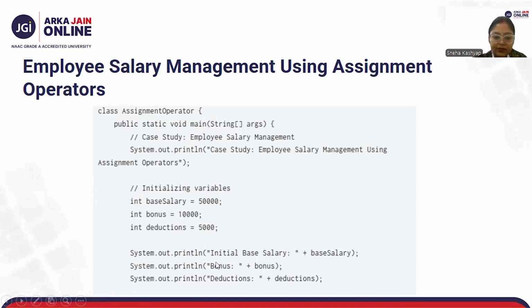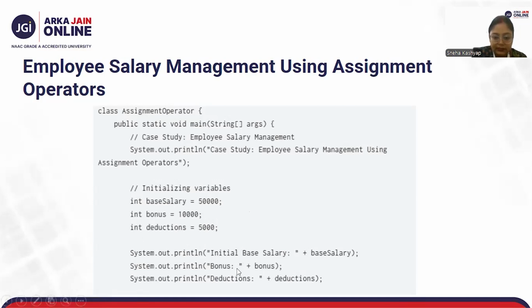So if I give the command system.out.println initial basic salary plus base salary, it will directly print initial base salary is 50,000. Next, I'll give the command system.out.println bonus plus bonus.